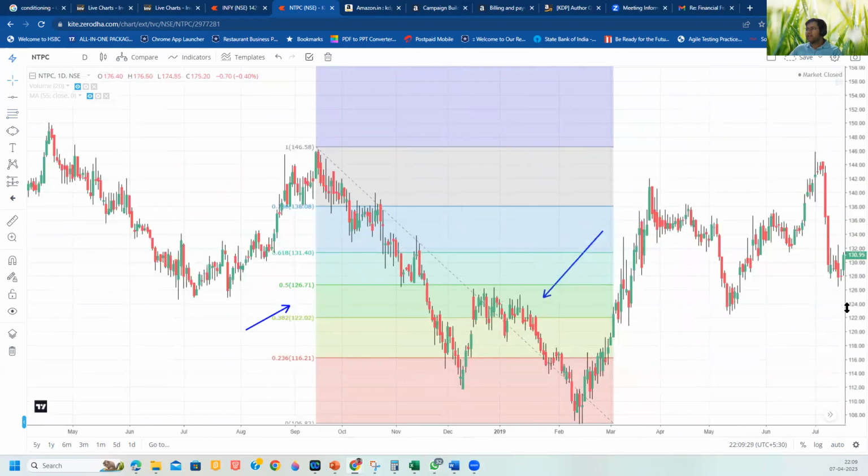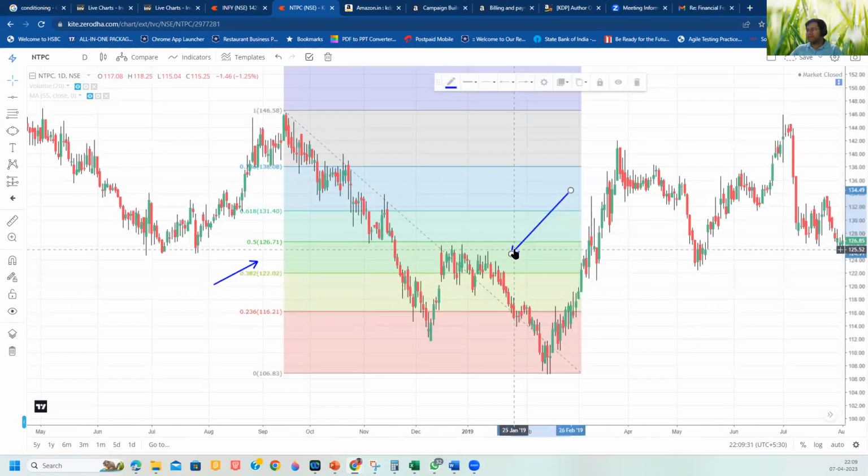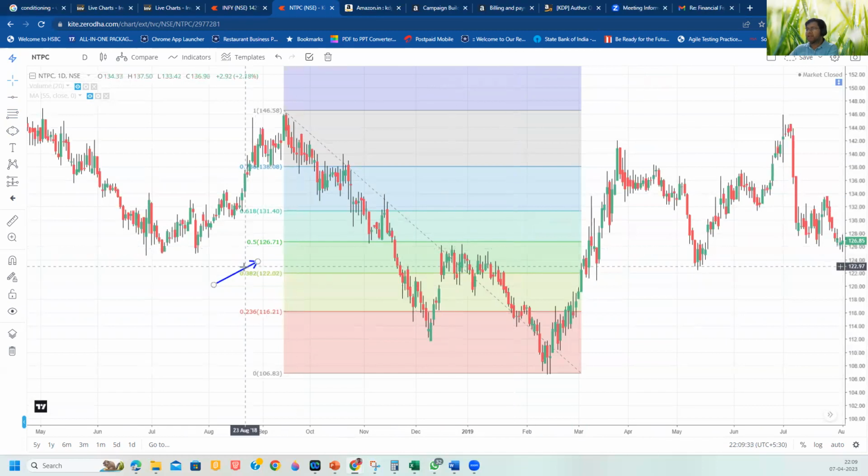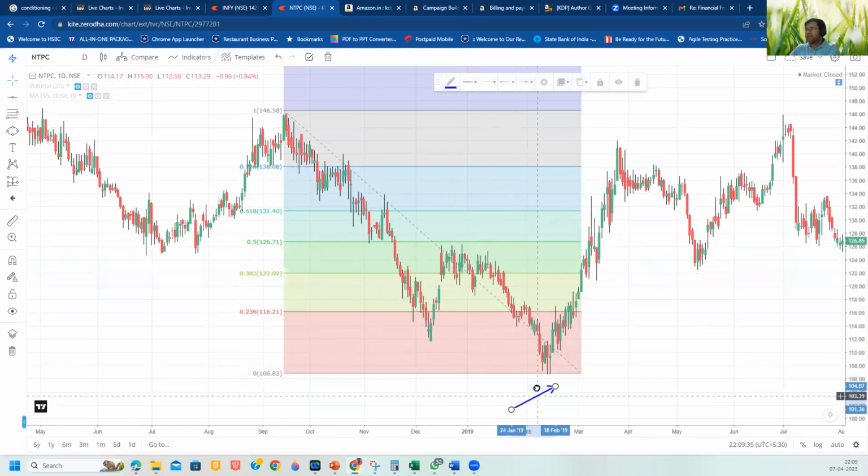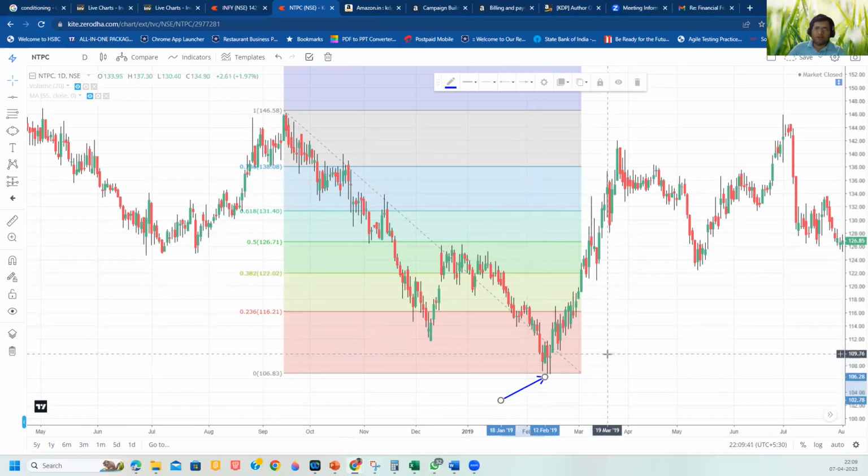Okay, so this is how it looks. Let me remove it. So this is the price point where it took support and started moving up. And suppose you are not sure and you still want to apply your Fibonacci retracement learning to take your decision.